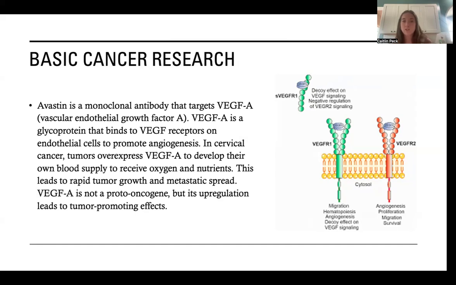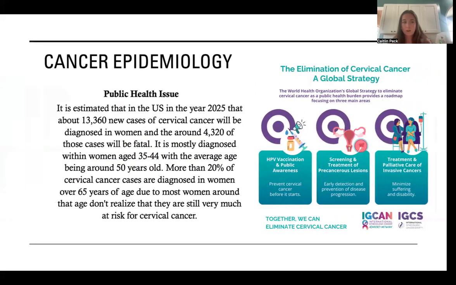So, in cervical cancer specifically, tumors overexpress VEGF-A to develop their own blood supply to receive oxygen and nutrients, which leads to rapid tumor growth and metastatic spread. VEGF-A is not a proto-oncogene, but its upregulation leads to tumor-promoting effects. So here's a little bit of a picture about how it works.